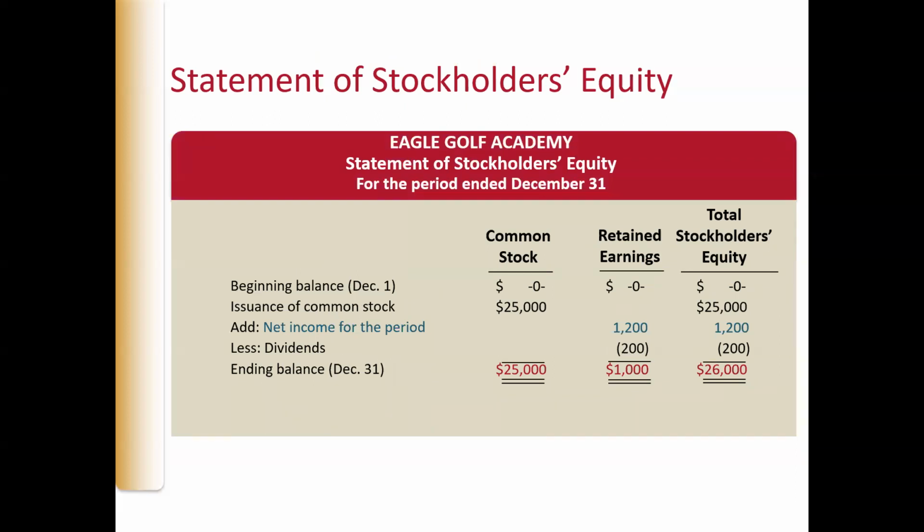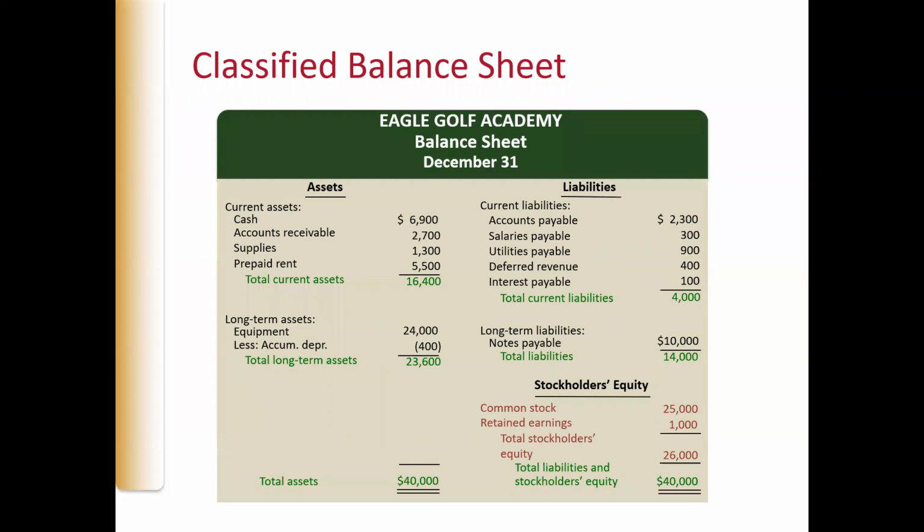We add our net income, we subtract our dividends. That is it. Then the balance sheet has our assets, our liabilities, and our stockholders' equity section. And we know our assets will always equal our liabilities plus stockholders' equity.